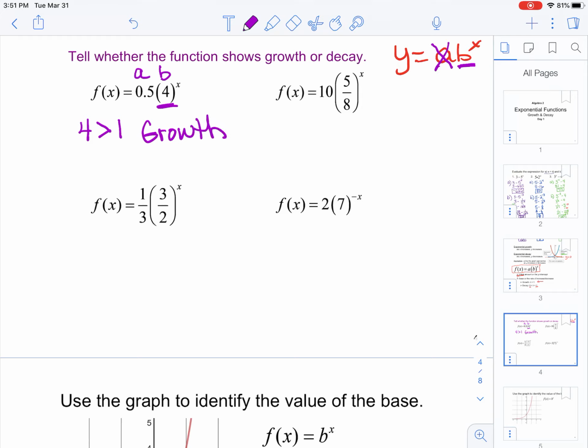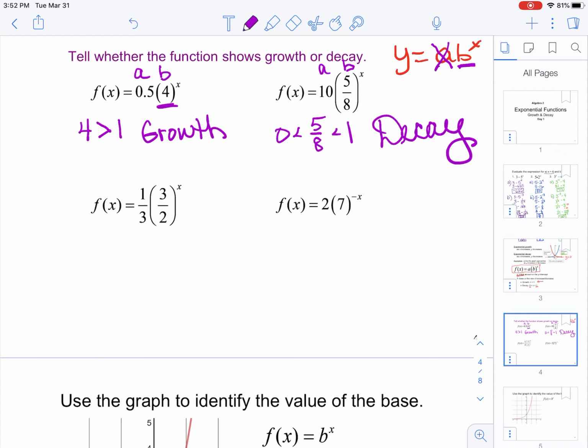On our next one, 10 and 5/8. My 10 is my a, 5/8 is my b. Now 5/8 is between 0 and 1, so this is going to be a decay.